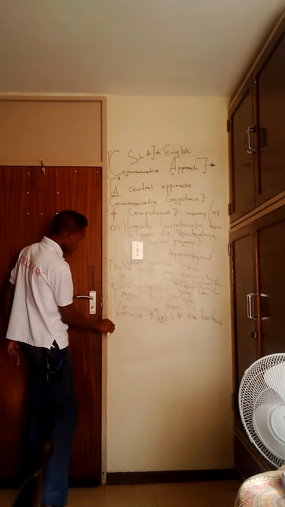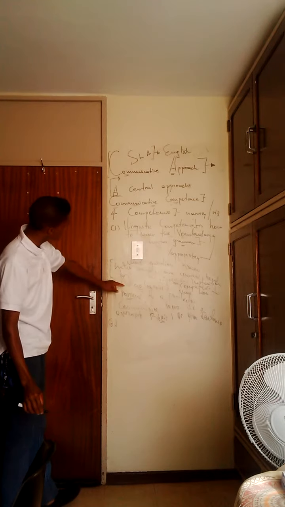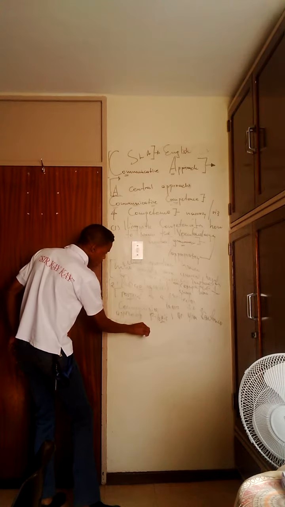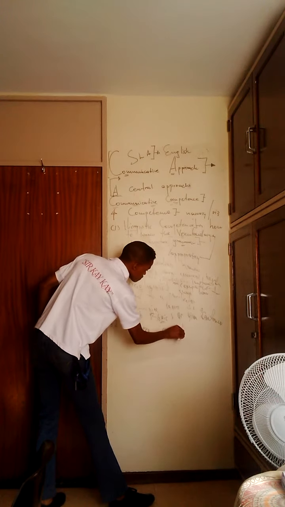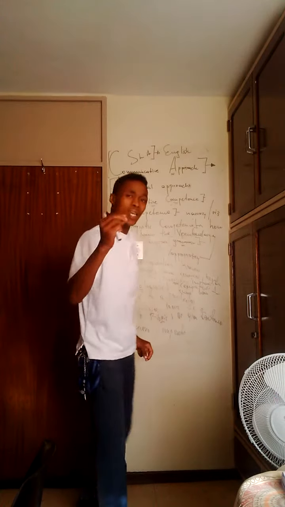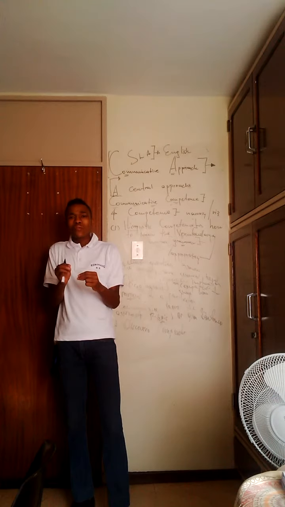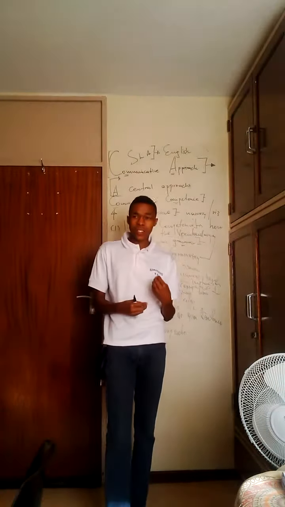Competence number three. We talked about linguistic, we talked about social, and now we're talking about discourse competence. When you talk about discourse competence, you are talking about how to interpret a particular language or statement in a simple form, asking yourself how to use a phrase in a sentence and how to put them together into a conversation or speeches.